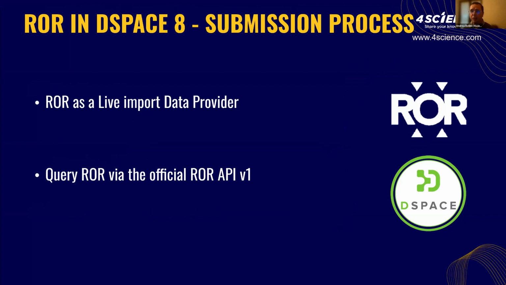Right now, the query is based on the ROR API version 1. So when you perform a query in DSpace, this is translated into a query to the ROR search API using version 1.